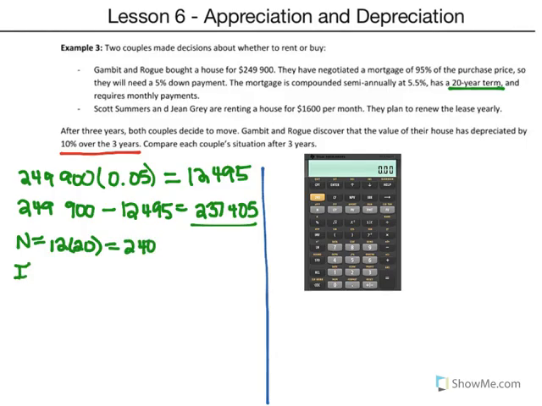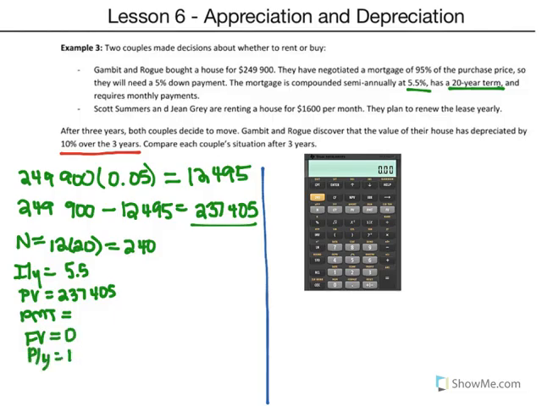The interest rate per year is 5.5. The present value is $237,405. We don't know the payment. The future value is 0. The payments per year is 12. And the compounds per year is 12.